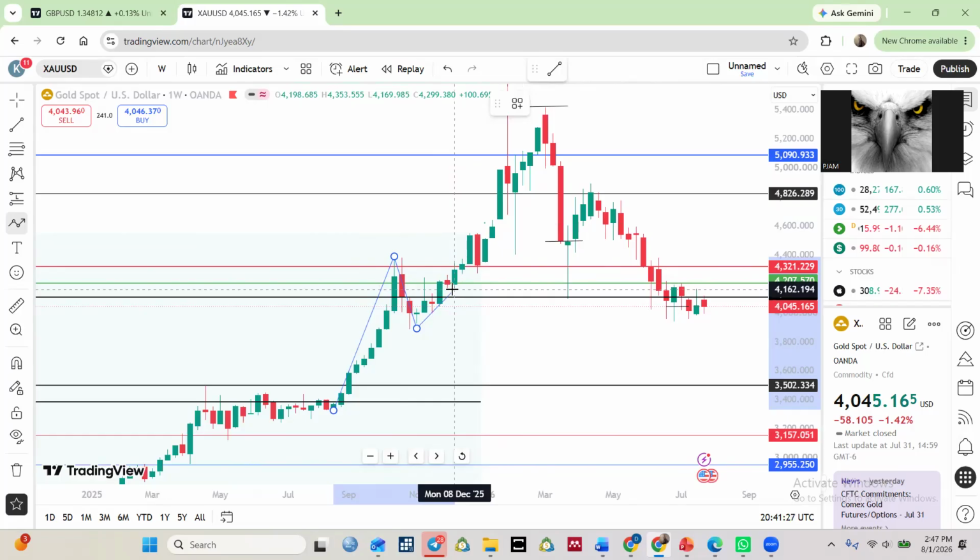If you are fortunate to get one weekly candle going your way, it means for the whole of 7 days you'll be in profit, sir. Do you understand the point?